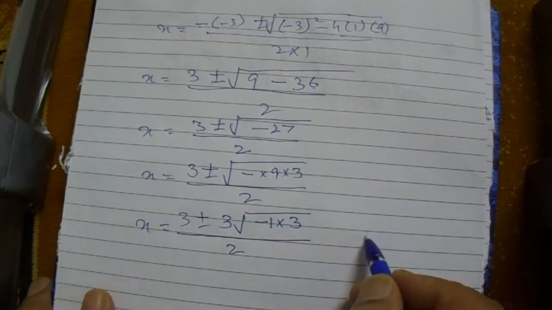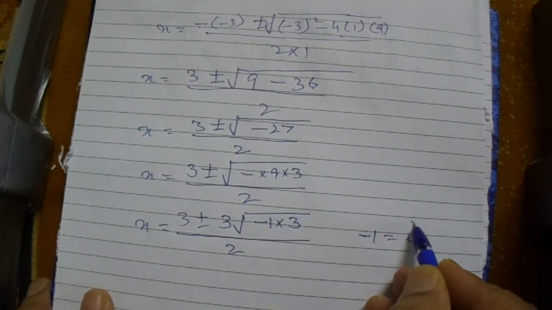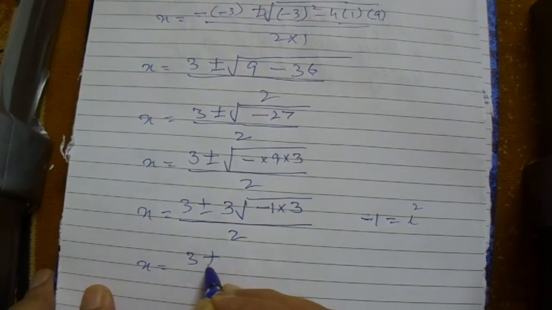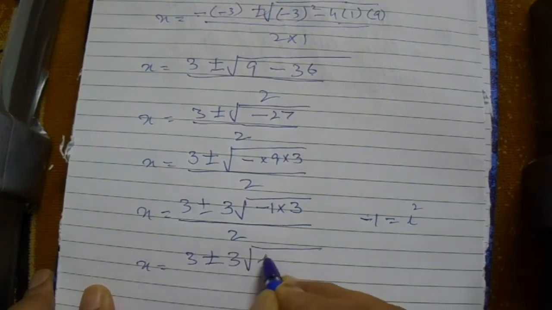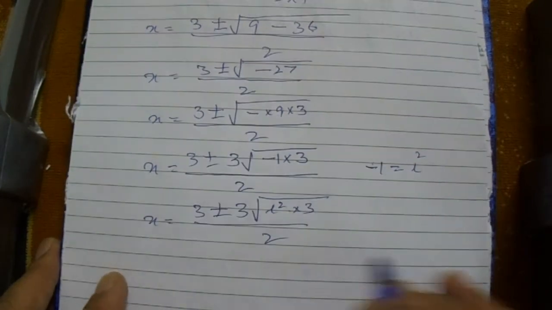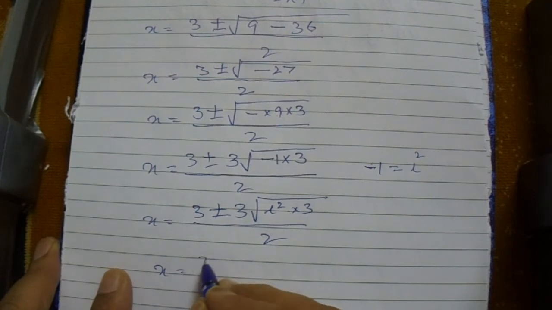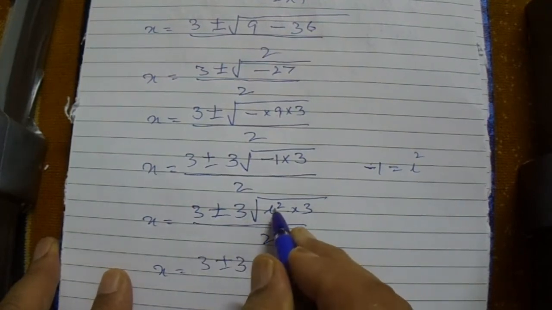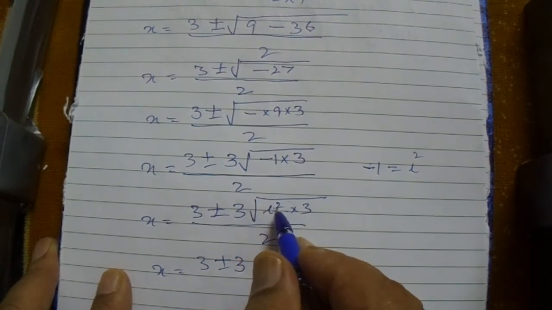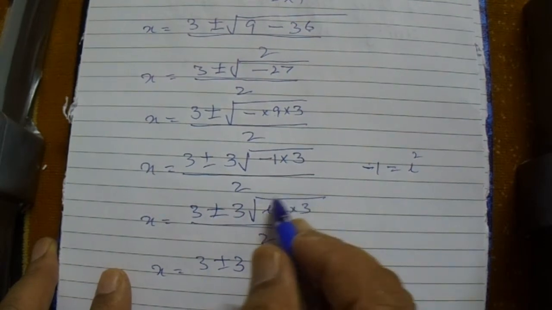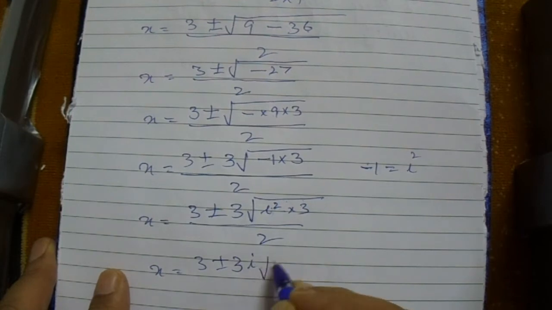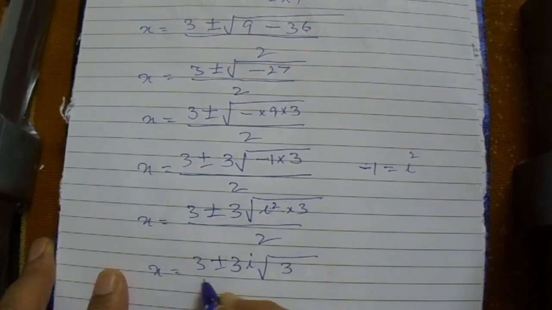Now we know that minus 1 is equal to iota square. Now put here iota, x is equal to 3 plus minus 3 iota square multiplied by 3 over 2. We write the iota only outside of the radical because iota square, and inside we write 3 only over 2a.